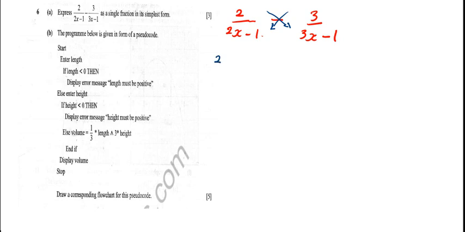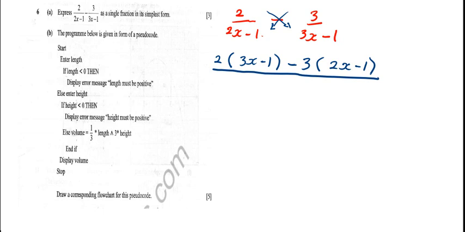So write 2 open bracket 3x minus 1 close bracket, minus 3 multiplied with 2x minus 1 close bracket, and then you write one fraction over. The denominators we write the way they are, we will be maintaining them: 2x minus 1, even put them in brackets, and 3x minus 1 close bracket.